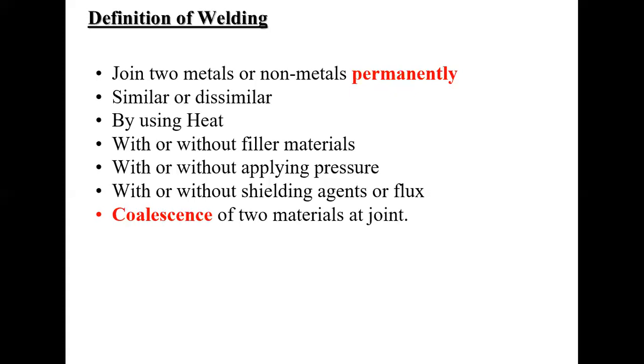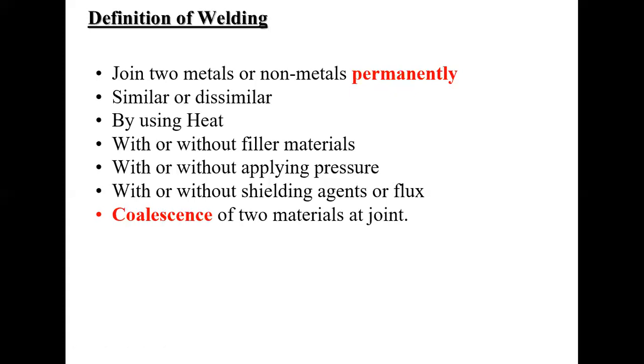Next, another important term that is written in the next point, that is with or without shielding agents or flux. I am going to discuss this term, flux. I want to say what we mean by this term. Basically, flux is a chemical compound that is used to remove the oxide layer from the metals.